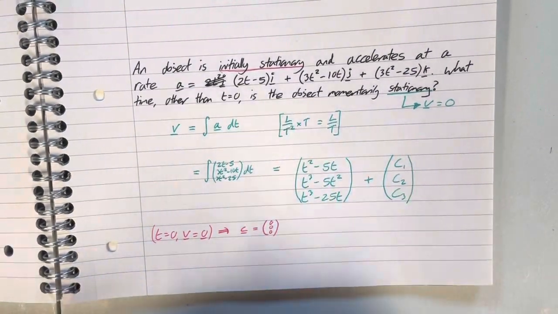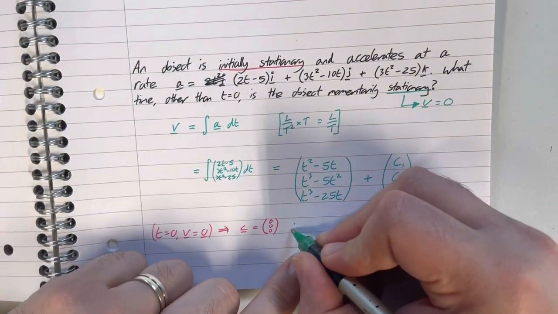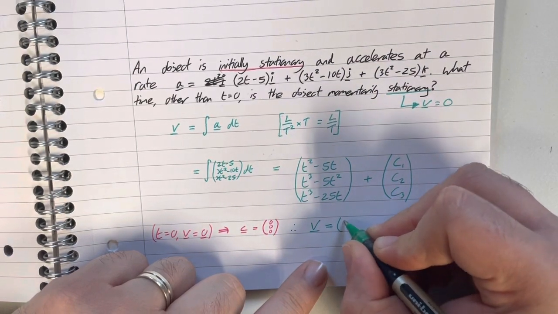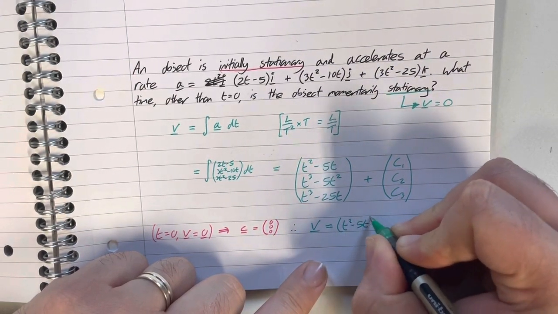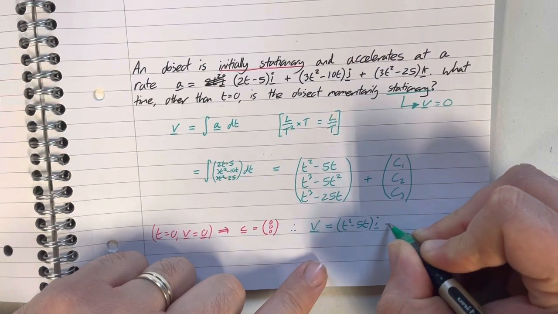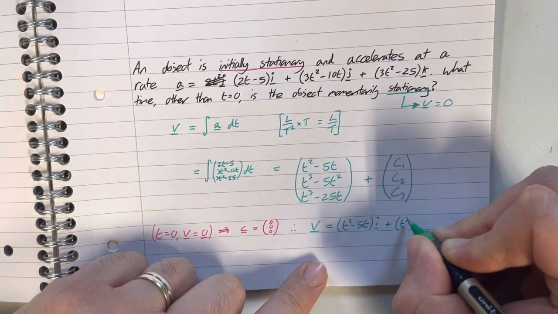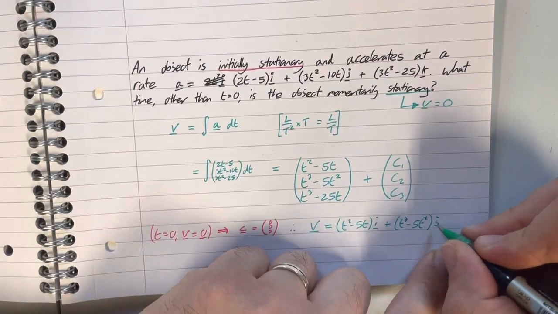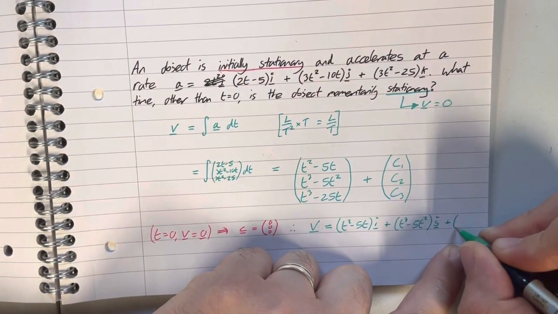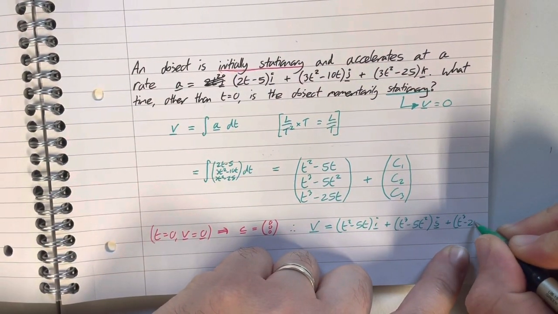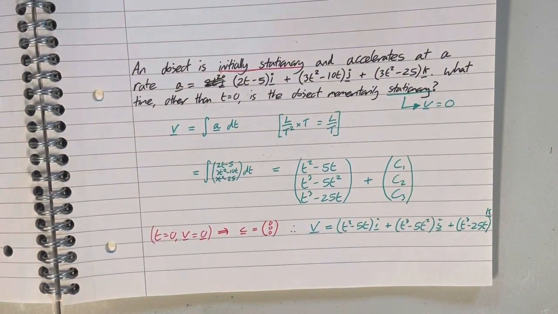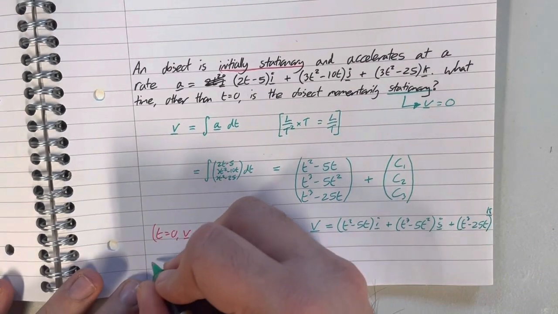So this then says that the velocity is equal to t squared minus 5t in the i direction, plus t cubed minus 5t squared in the j direction, plus t cubed minus 25t, and that's in the k direction. All right, we want to find when the velocity is 0.